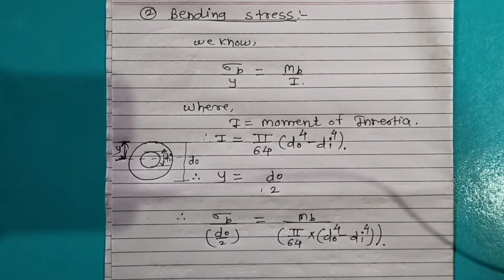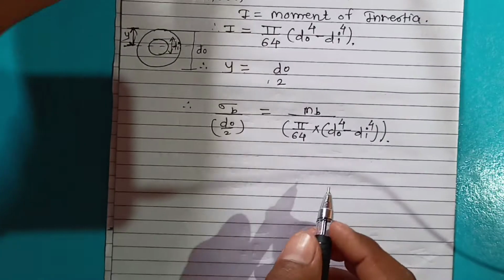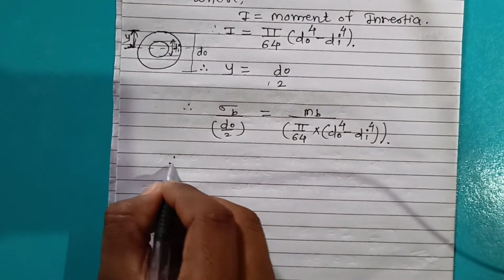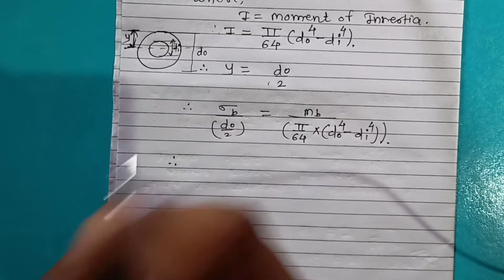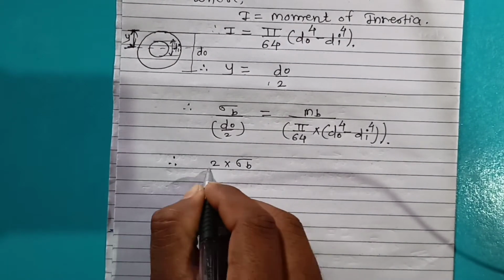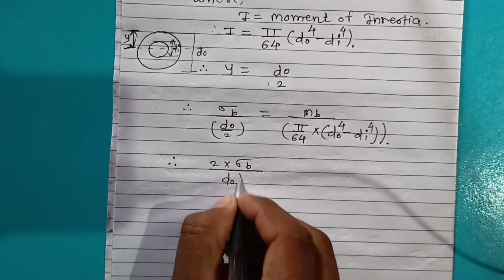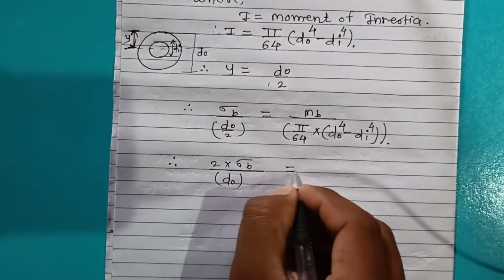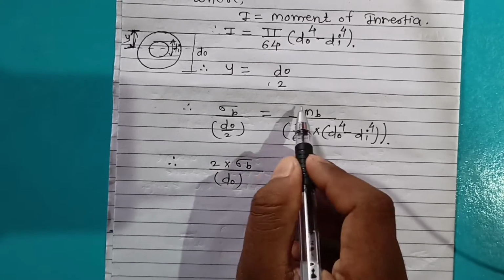Now I will rearrange all the terms. The denominator becomes the numerator. It is nothing but 2 into sigma b divided by DO is equals to the numerator.